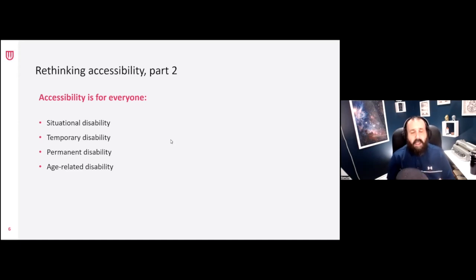And then there are situational disabilities, because not all of us are capable of doing all things at all times. You may be driving and unable to look at your phone, and so you depend on voice output. You may be unable to touch your phone, and so you depend on voice input.